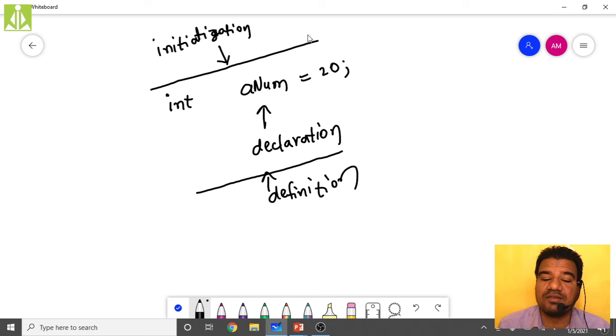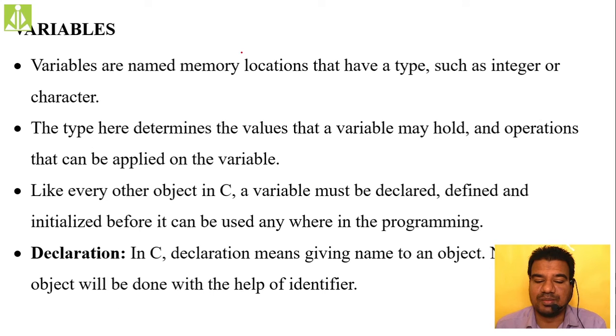Only initialization is not possible, only definition is not possible, and only declaration is also not possible. Declaration and definition you must do together, and initialization you can do afterwards in your programming.